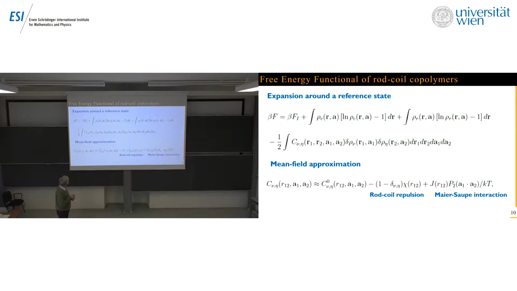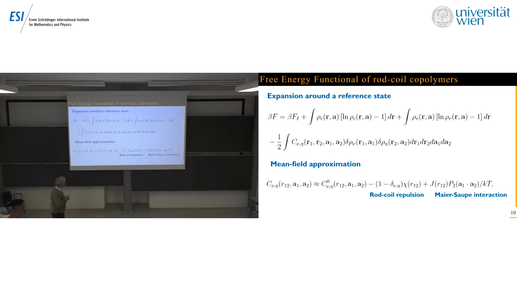And here it is already written for the case of a two-component system, so our rod-coil polymers. So rho C is the density of coil monomers, and rho R is the density of rod monomers. And here we have this matrix of direct correlation functions, so coil-coil, rod-coil, and rod-rod.